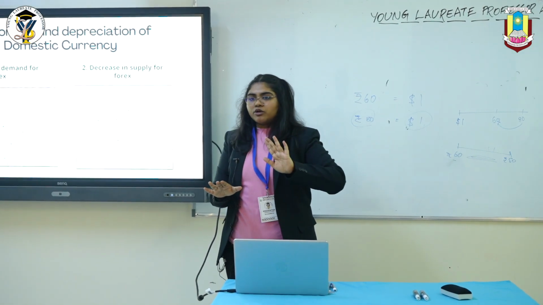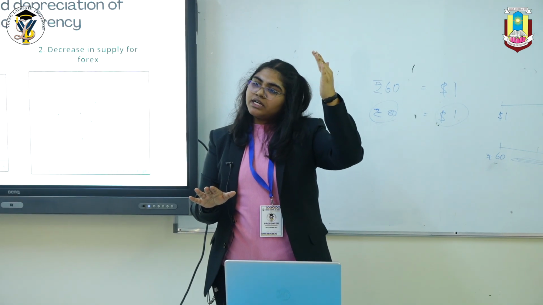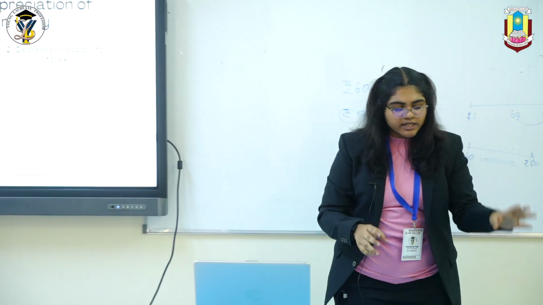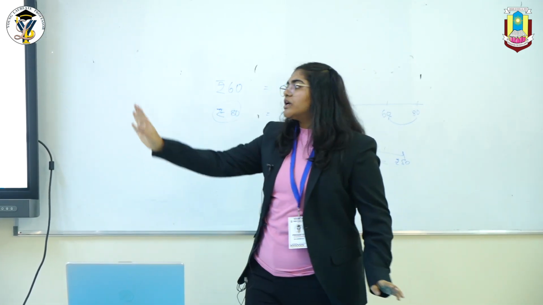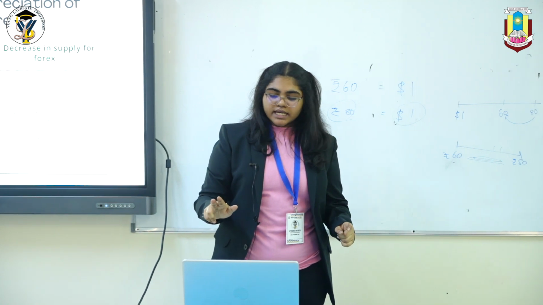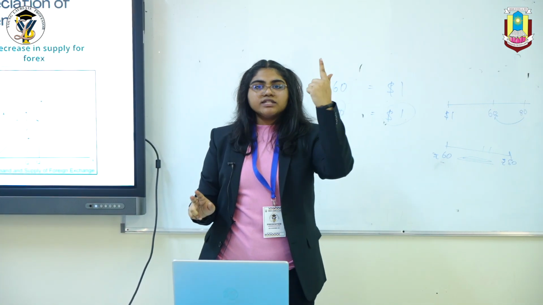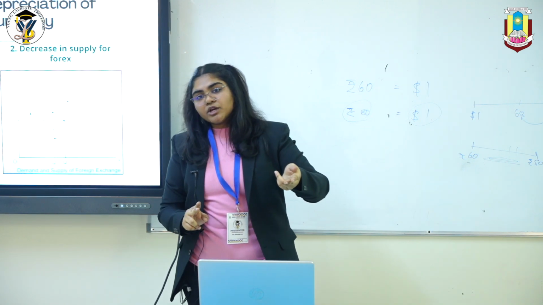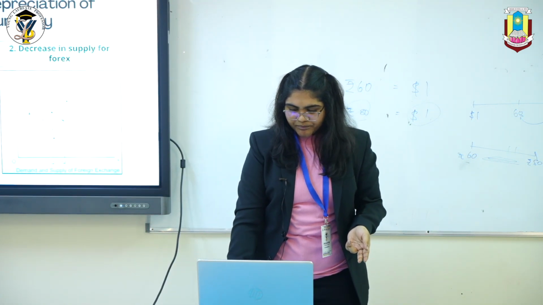Supply is directly proportional, which means supply must also have decreased. Two simple reasons. If you know the relationship between demand, supply and forex rate, you can write these two reasons.